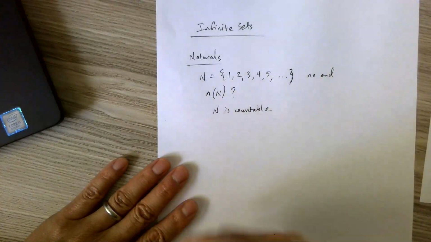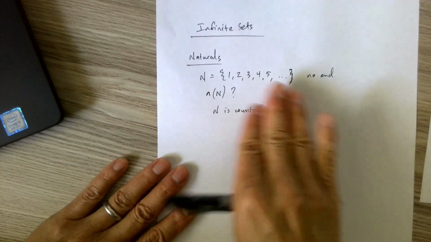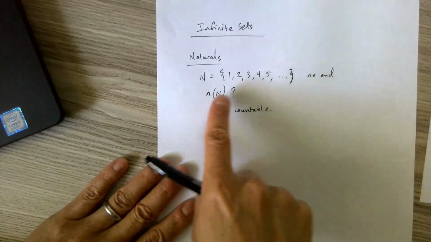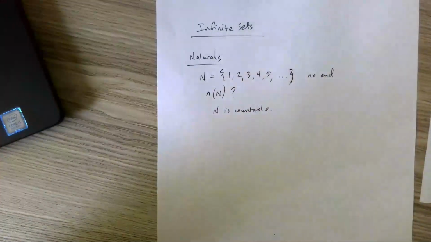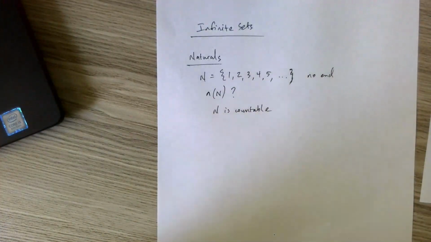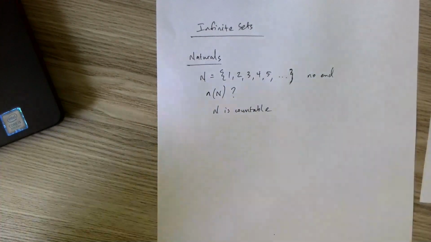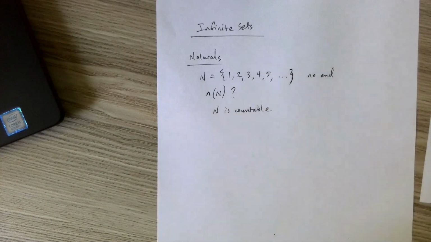You may not be able to get to the last number when you're counting, but you can put the elements in a particular order so that you can start the counting process. And you have the choice to stop the counting process at any point in time. But at least you can count.